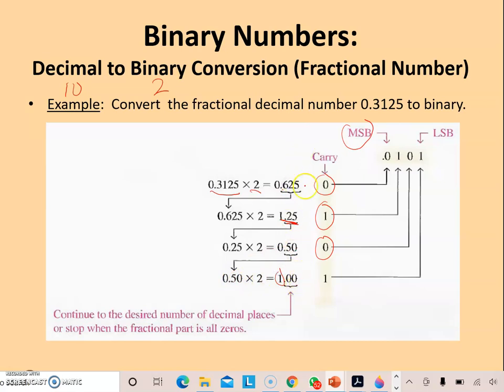We stop the multiplication or the conversion process when the fractional part is all 0. So taking this 1, we put it here. From the most significant bit to the least significant bit, we have 0.0101.